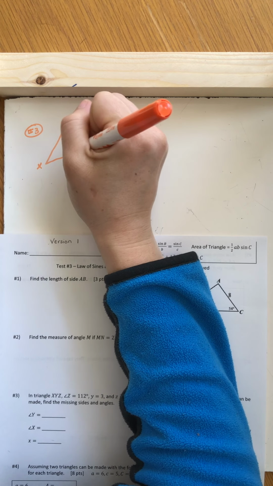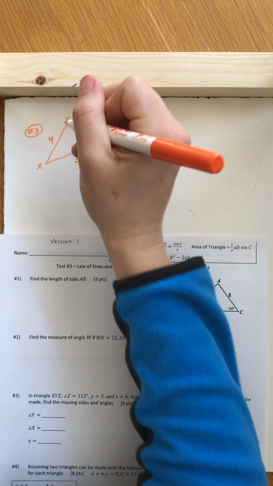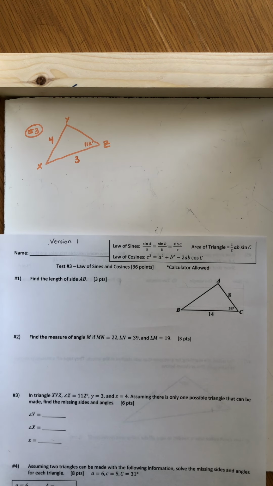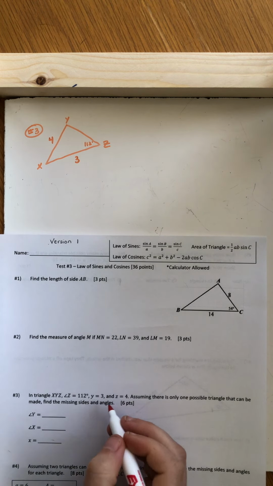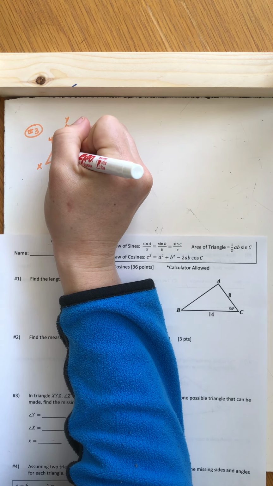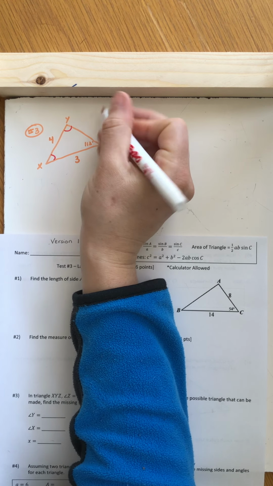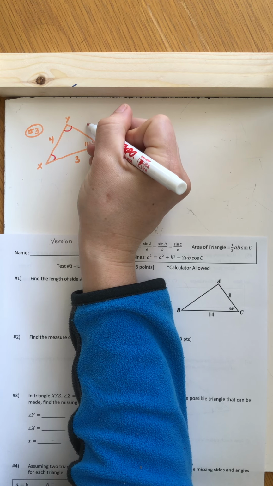Side Y is 3, and side Z is 4. So you might need to think about, what should I be using? I need to find all the missing sides and angles. So I have to find angle X, angle Y, and side X right here.